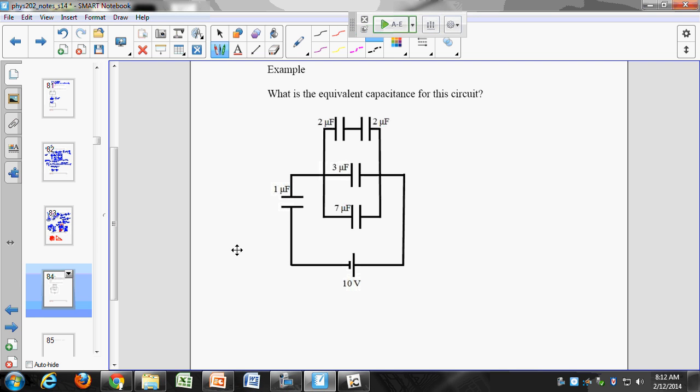Question. Which ones? The ones on top, right. Is the 3 in series or parallel? The 3 is in parallel. This capacitor is in parallel with these and these. But it's not in series with the 10 and the 1 microfarad. This whole thing is in series with the 1 microfarad.